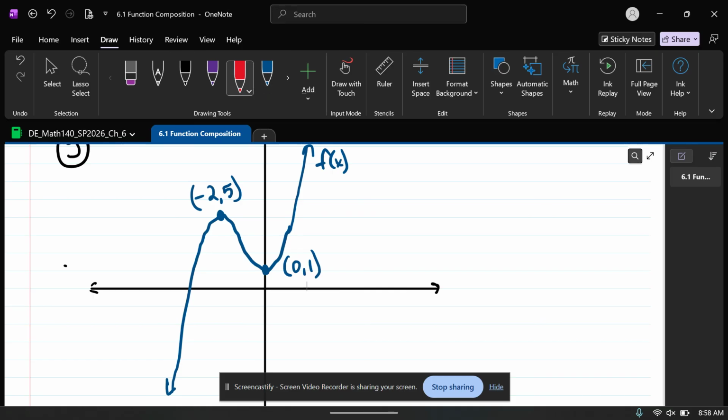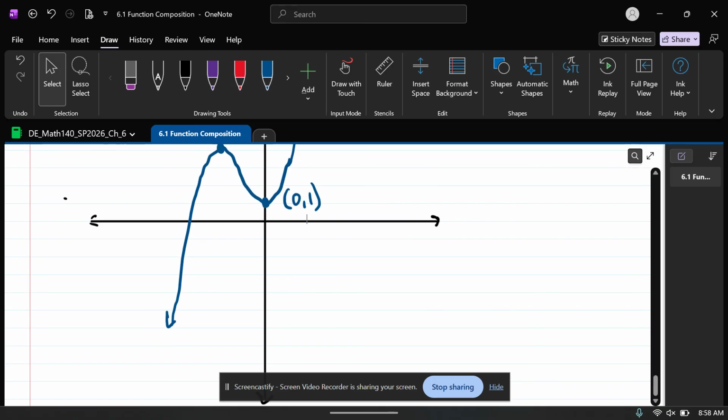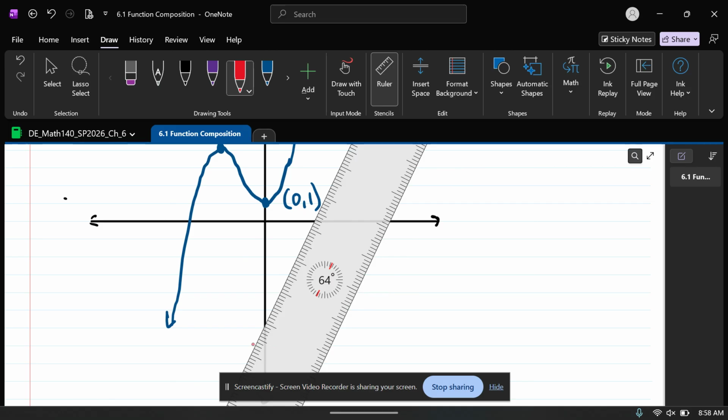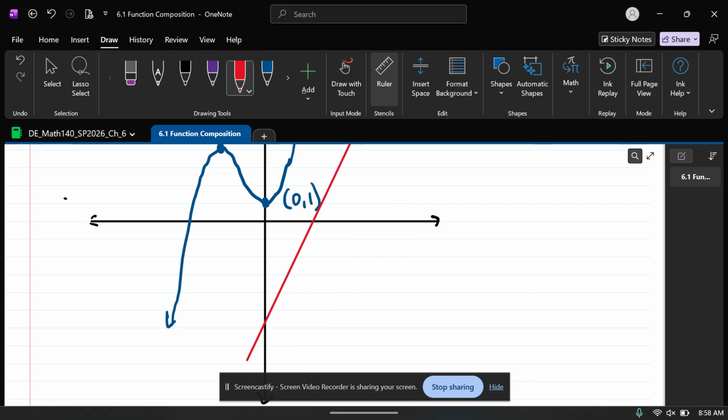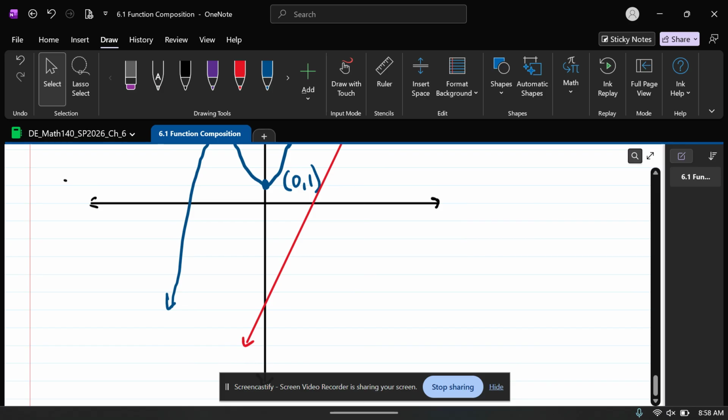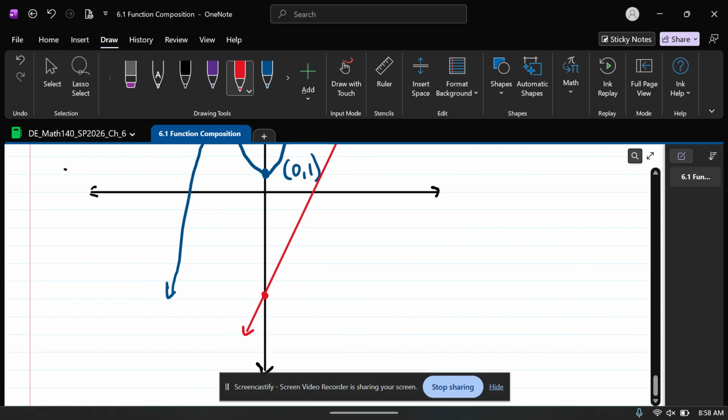Now I'm going to draw this one. I'm going to use a ruler to do it because I can. So this function is g of x. Plot some points on there. This is 0, -5.